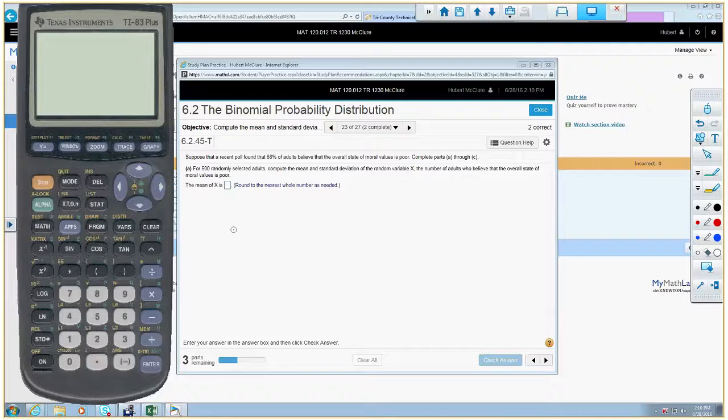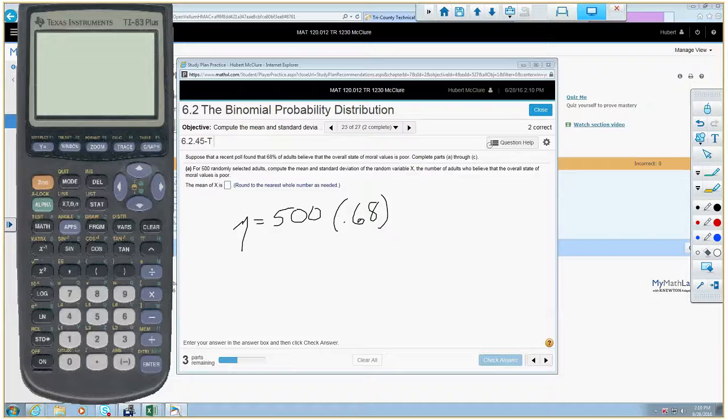Mean is equal to n, which is 500, times 0.68. Well, what is 10% of 500? 50.